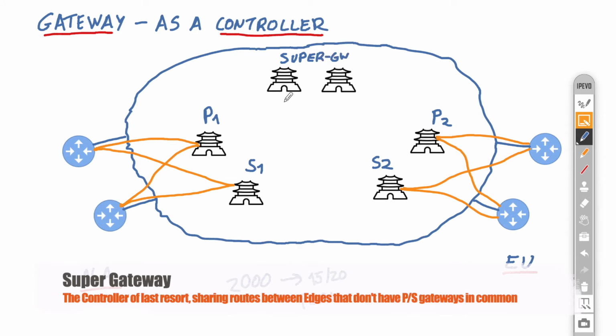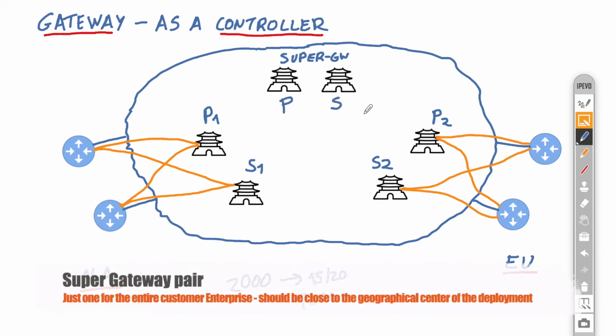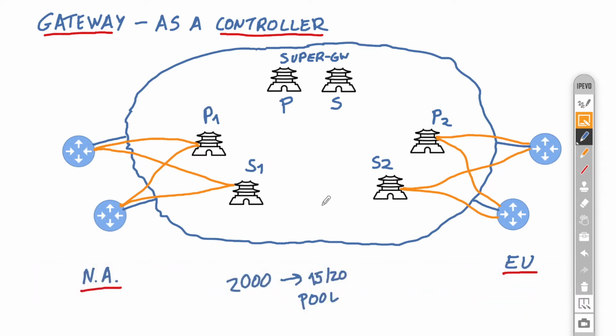Now, also the super gateway comes in pairs, so you have a primary and a secondary. But you just have this pair for the entire estate, no matter if you have 50 or 5,000 sites. When you create an enterprise from this pool, 2 super gateways will be chosen, and they will represent the last resort.